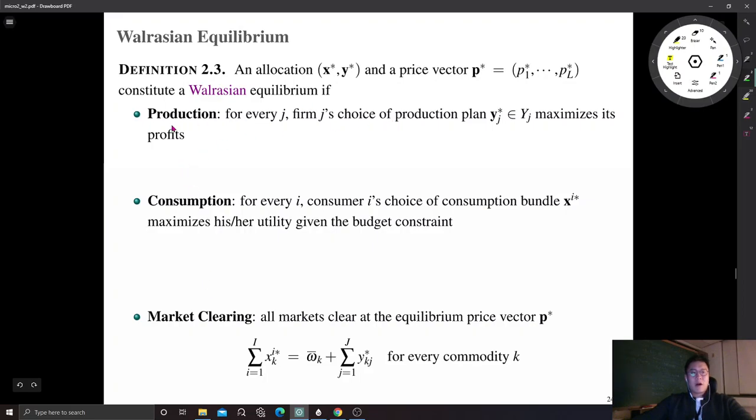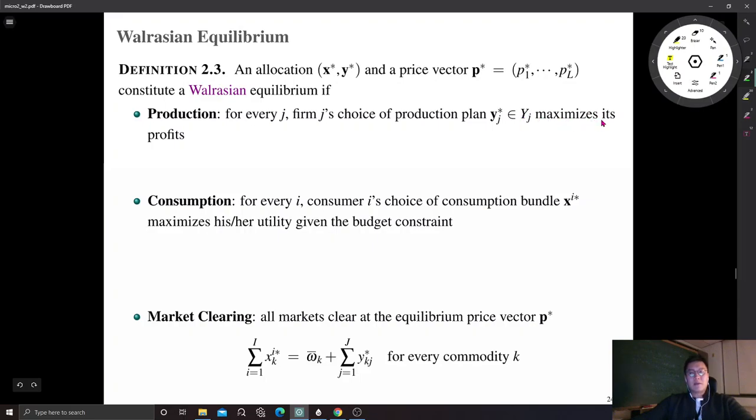So first, on the production side, each production plan has to maximize firm j's profit. So y sub j star, firm j's production plan, should be feasible. Okay, so it belongs to the production set Y sub j.